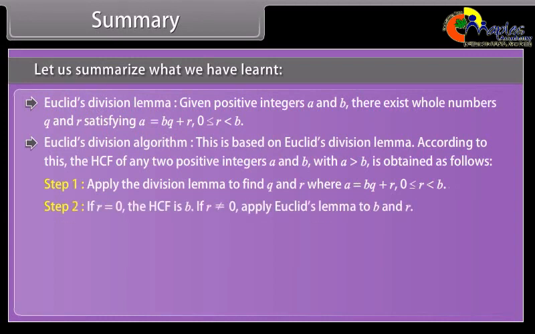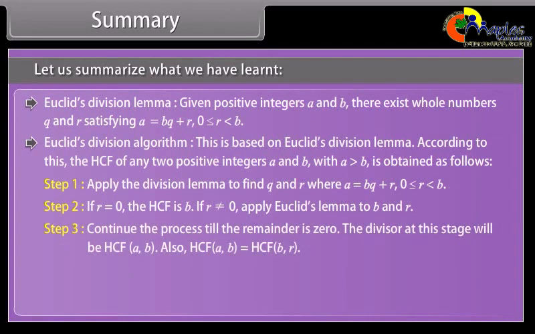If r is equal to 0, the HCF is b. If r is not equal to 0, apply Euclid's lemma to b and r. 3. Continue the process till the remainder is 0. The divisor at this stage will be HCF(a, b).